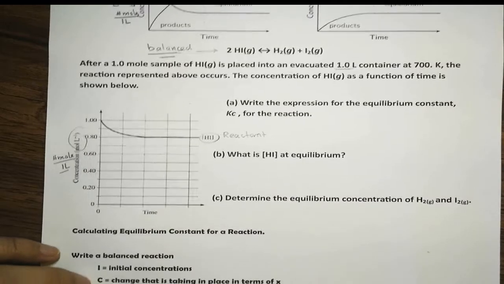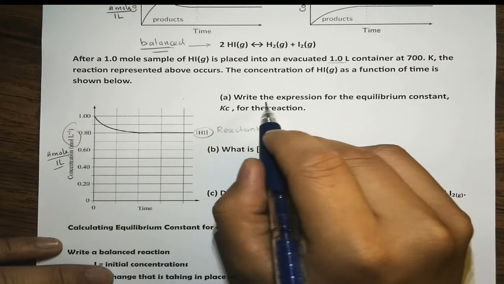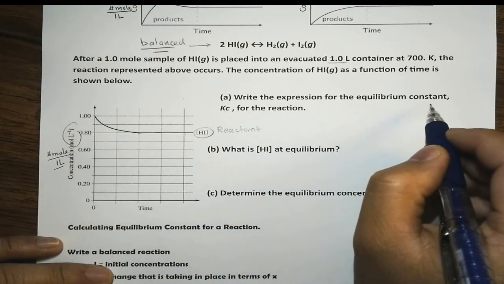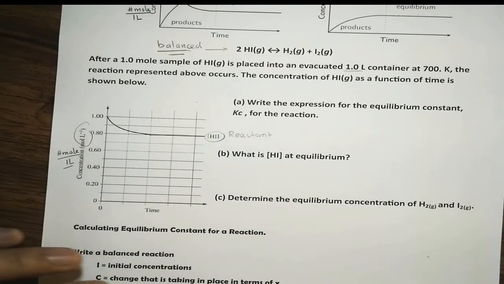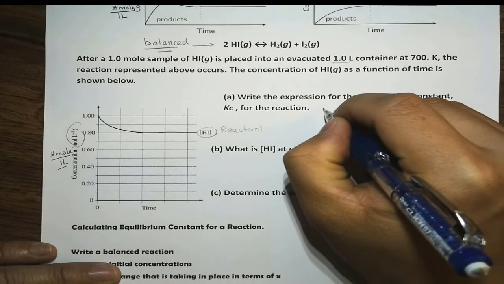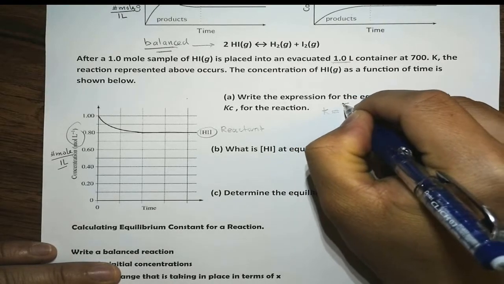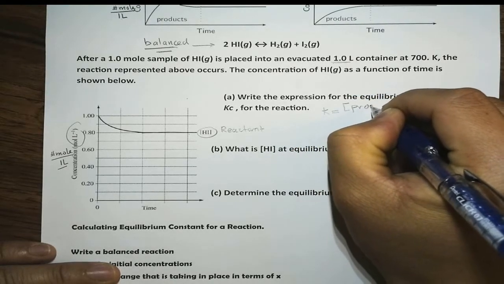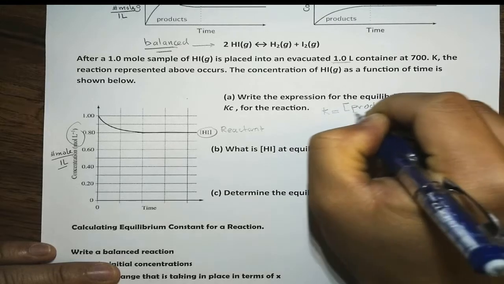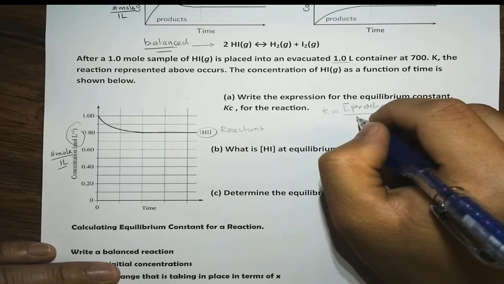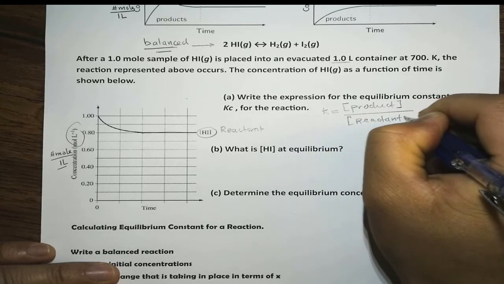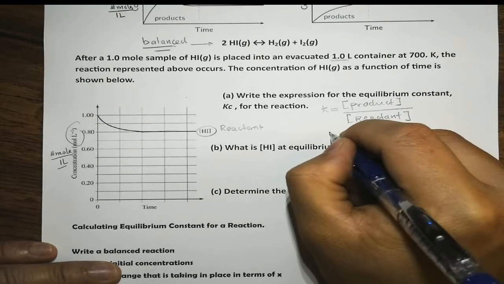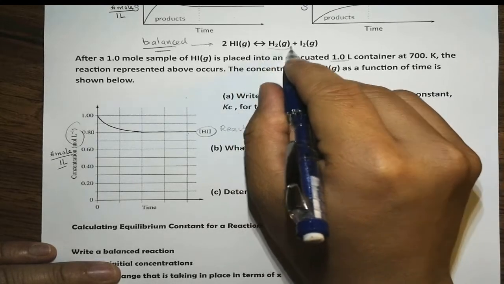If you don't have 1 liter, you have to make it 1 liter. Change everything to molarity. So in this case, write the expression for the equilibrium constant K for the reaction. That's pretty easy. You just need to realize that K in general terms is always the product or products over the reactants. It's more complicated than that, of course, but in general terms, we have these two right here.